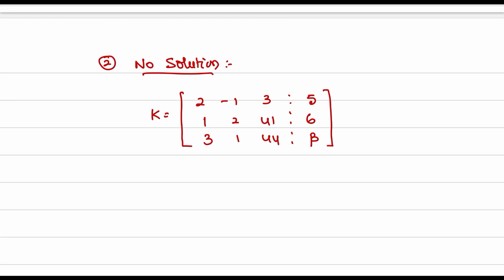There is no solution if determinant of A is equal to 0. That means alpha is equal to 44. We have written alpha value here.